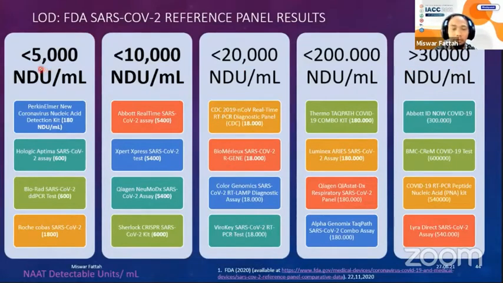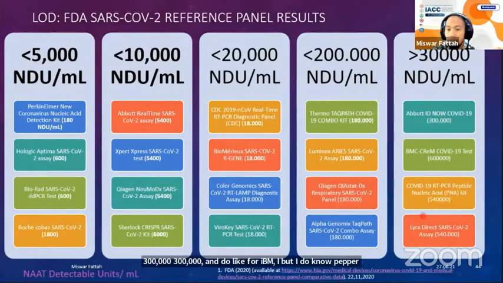Some can detect lower than 5,000 nucleic acid detection units, like Perkin, Hologic, Bioret and Roche, and some between 500 and 10,000, like Abbott, GeneXpert, Cepheid, Sherlock, and some technologies with lower sensitivity can only detect above 300,000 NDU, like Abbott Id Now, peptide nucleic acid, Lyra. So the methods have a very huge difference in sensitivity.